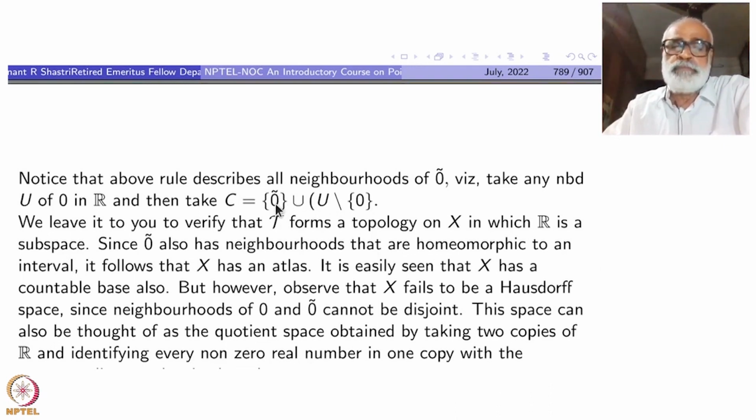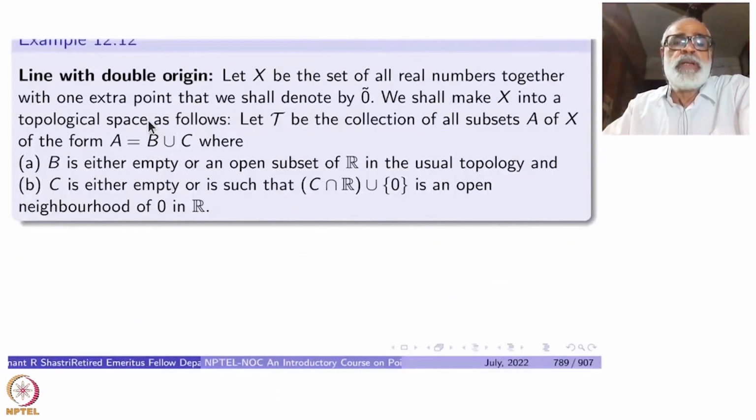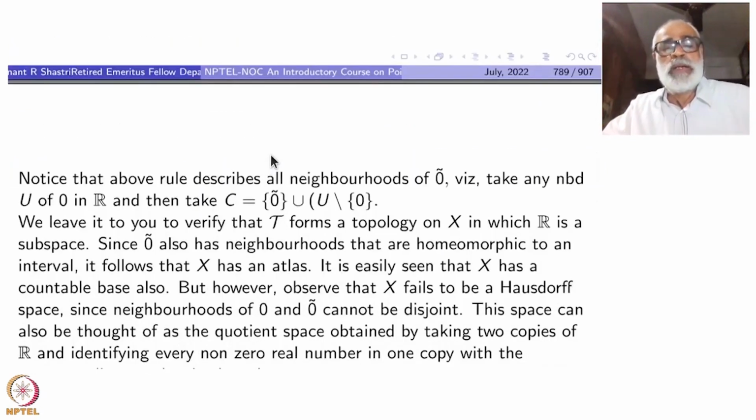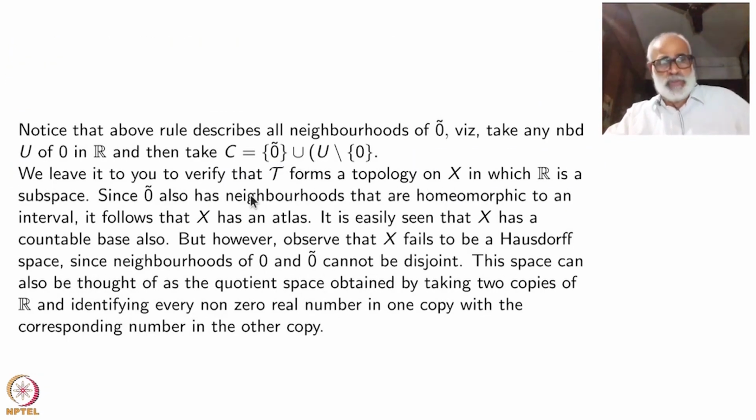So that is your C here. If you take the intersection, 0 twiddle goes away and 0 comes back. So that is the property. Alright, to verify that this is a topology, all you have to do is check finite intersections and countable unions; we will leave that to you.